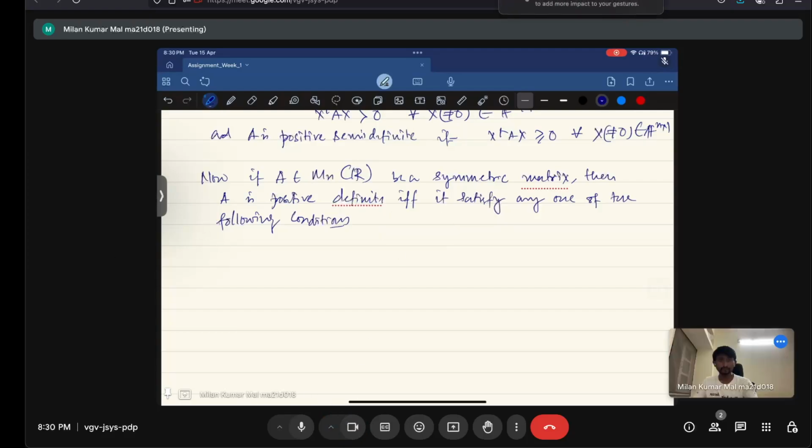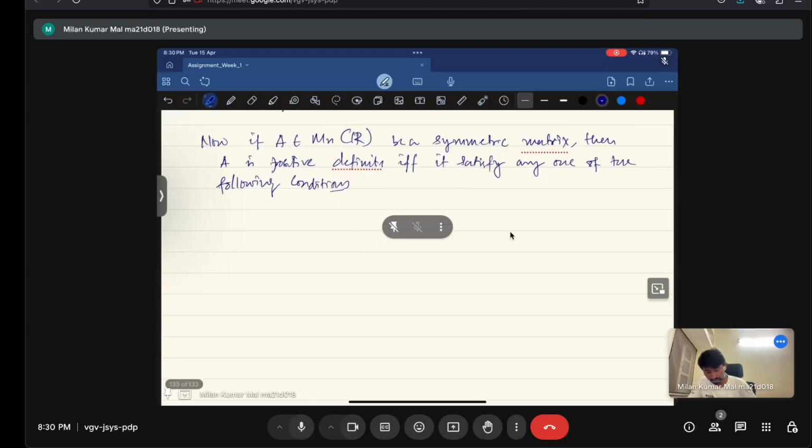The first is all the eigenvalues are positive. You know A is symmetric, therefore all the eigenvalues of A will be real values. There is no doubt about that. And all the eigenvalues of A are positive.